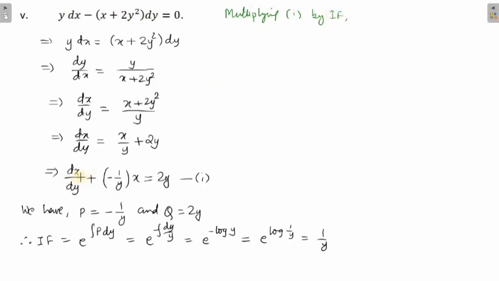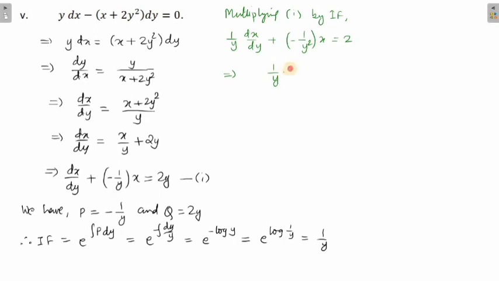So when you multiply by 1 by y, you get 1 by y dx by dy plus minus 1 by y square x is equals to, so you have 2y, you are going to get just 2 out here. Now see here very carefully, so here we have the variable 1 by y, and the other variable out here is x.